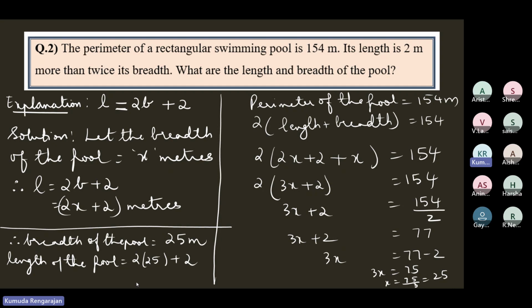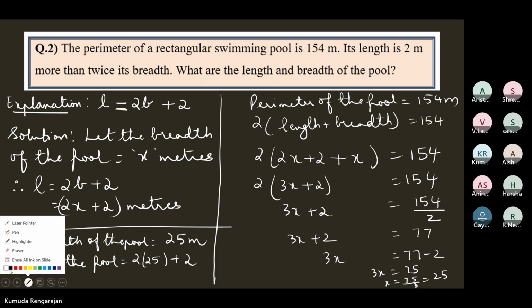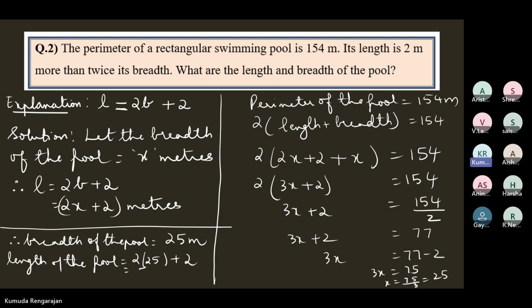So 2 into 25 plus 2, which is 50 plus 2, 52 meters. x is 25, which means the breadth of the pool is 25 meters. Length is 2x plus 2. So 2 into 25, 50 plus 2, 52 meters.